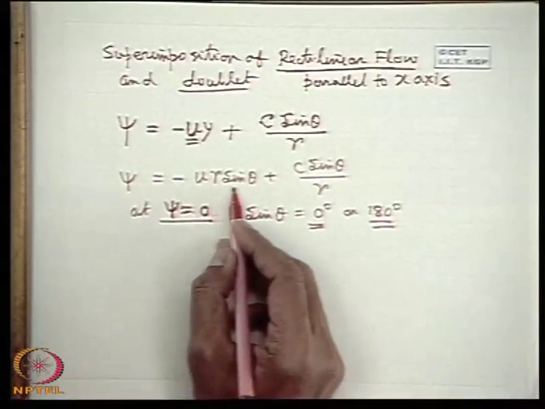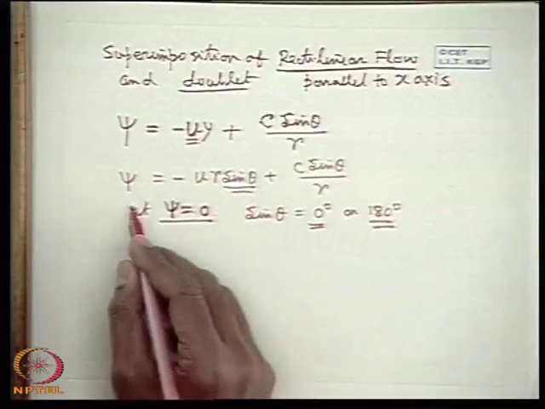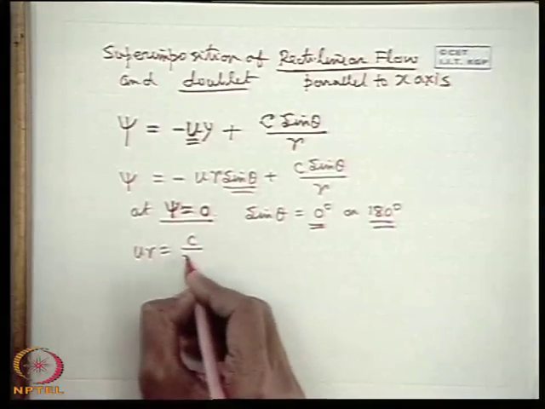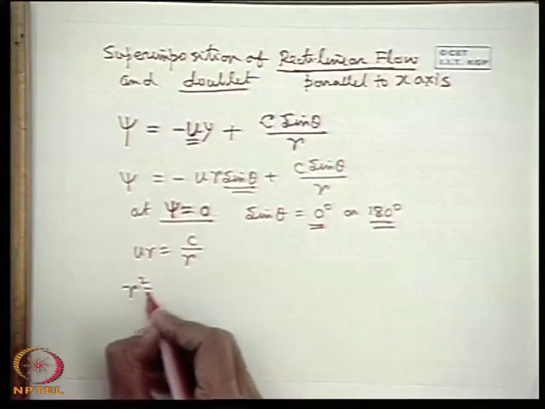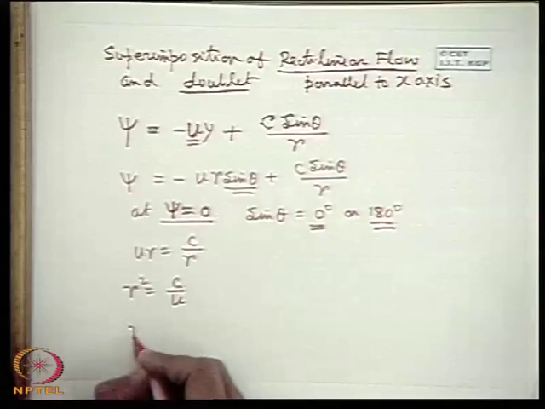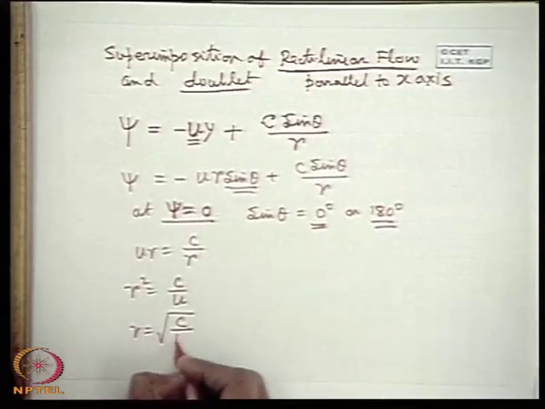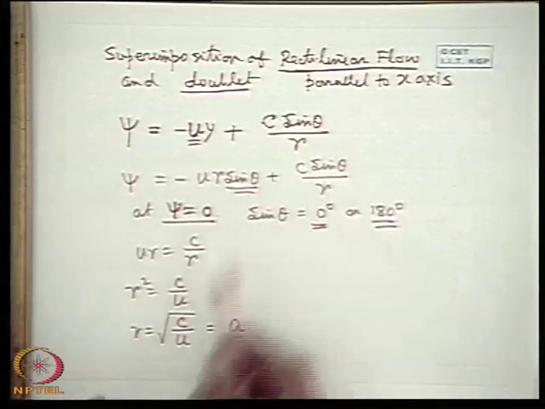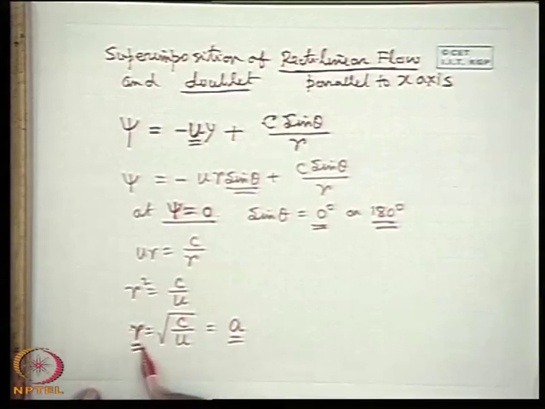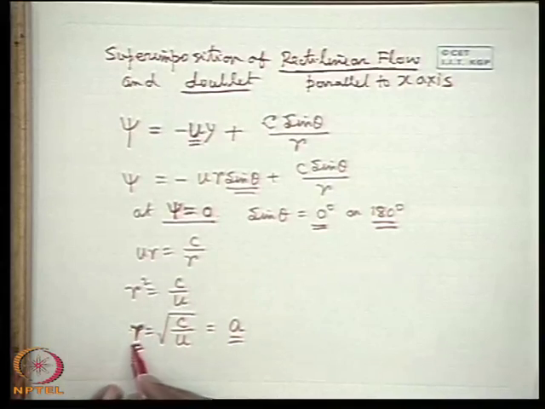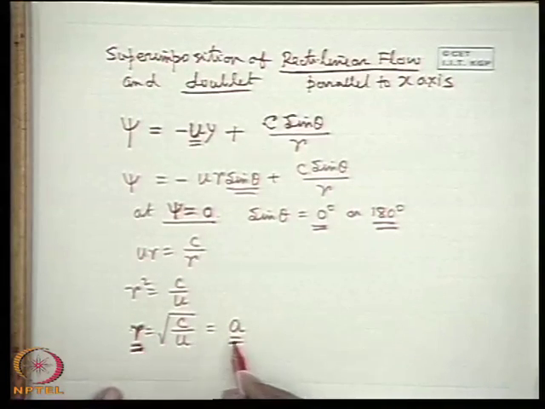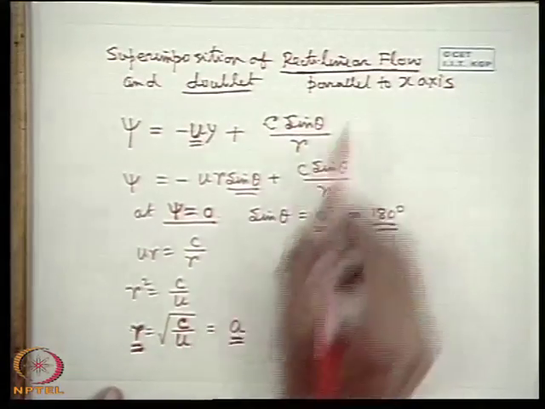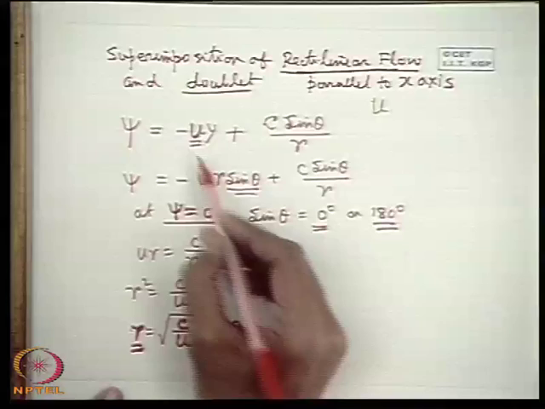Another solution is that for any theta we can get a value of psi 0 provided u r is equal to c by r, or simply r square is c by u, or r is equal to root over c by u. Let this root over c by u be denoted by a. That means for all values of theta, psi equal to 0 is obtained along points whose radial coordinate r is constant, because c is a constant for the doublet and u is constant, since in the rectilinear flow the velocity u is constant, parallel to the x-axis.